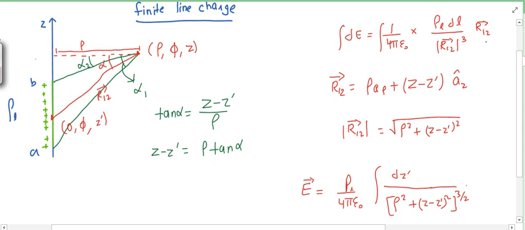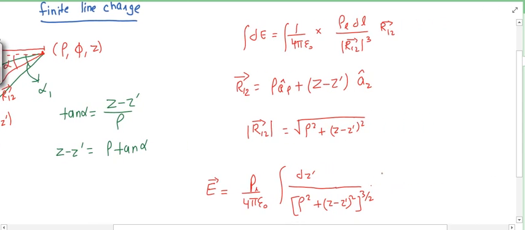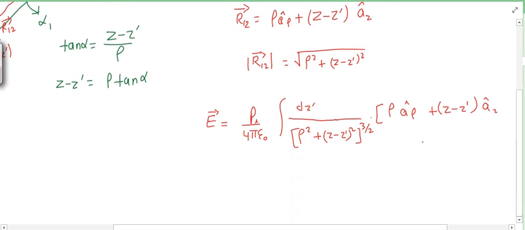And for the r12 vector I can write this value, which is rho a rho cap plus z minus z dash az cap. This is the value of r12. Now I can write z minus z dash as rho tan alpha, and I can replace dz dash by differentiating this.